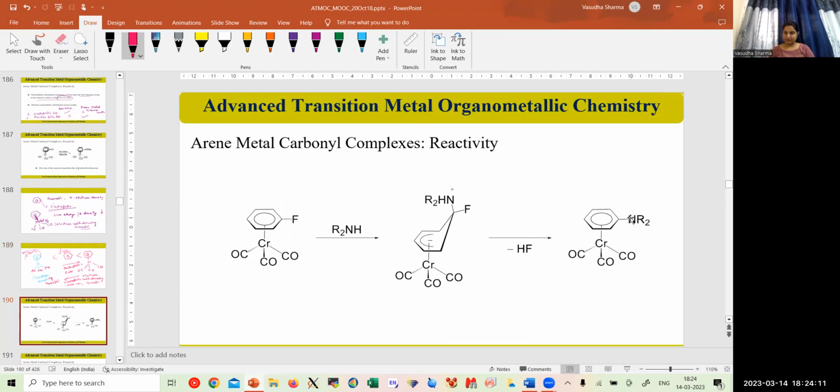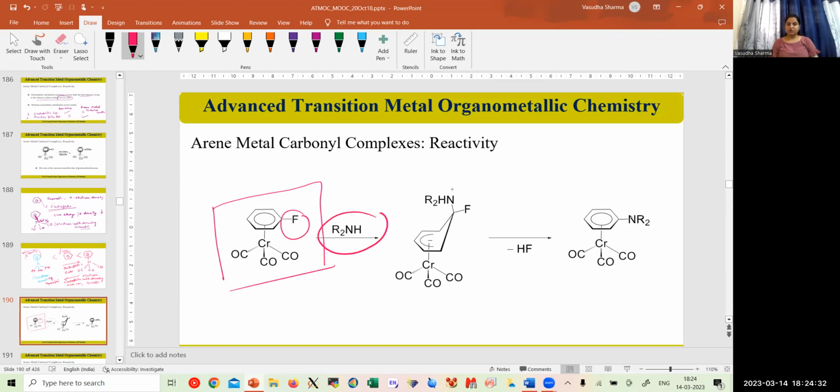Now, on the basis of this concept of electron density around the arene coordinating with the metal carbonyl and all those things, we will see how the reaction actually takes place. So we have a complex which has a fluorine attached to the arene. Now, fluorine is an electron withdrawing group. We have already talked about how this makes the proton very acidic.